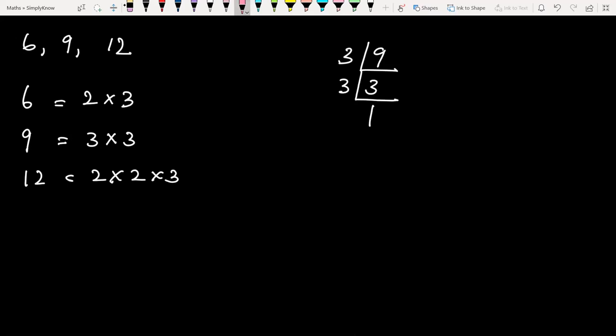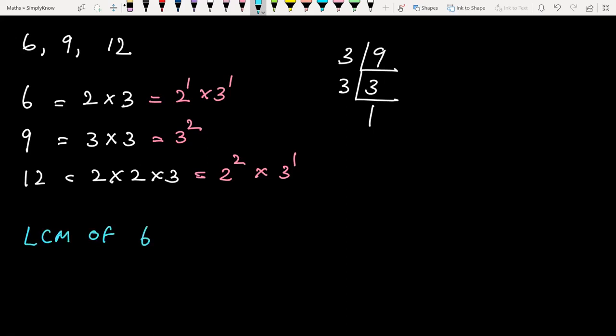Now let's write as a product of powers. Here 2 to the power 1 times 3 to the power 1. Then 9, 3 to the power 2. Here 2 to the power 2 times 3 to the power 1. Now what is the LCM of 6, 9 and 12?